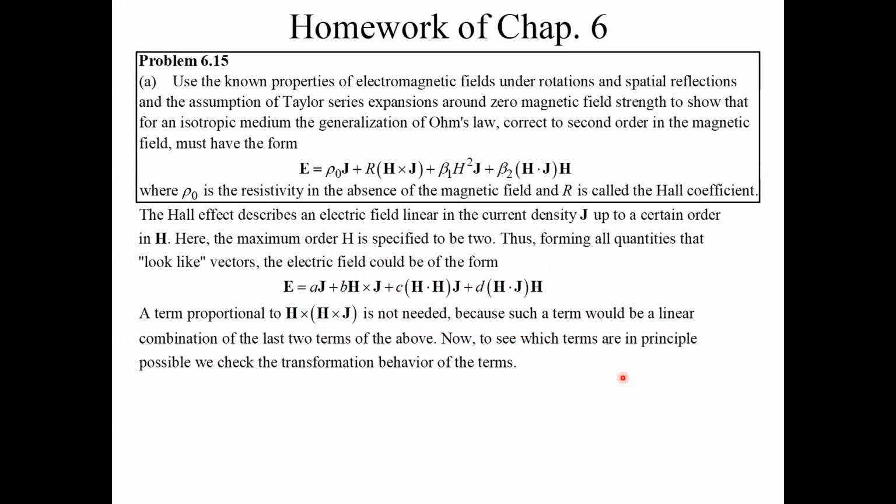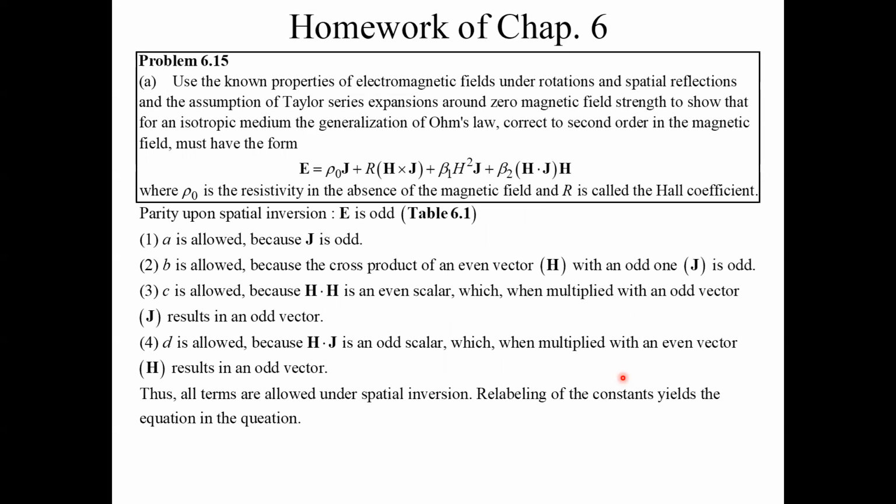Now, to see which terms are in principle possible, we check the transformation behavior of the terms. And we can check from table 6.1 parity upon spatial inversion. The E field is odd, so A is allowed because J is odd, and B, C, D, all of A, B, C, D are allowed.